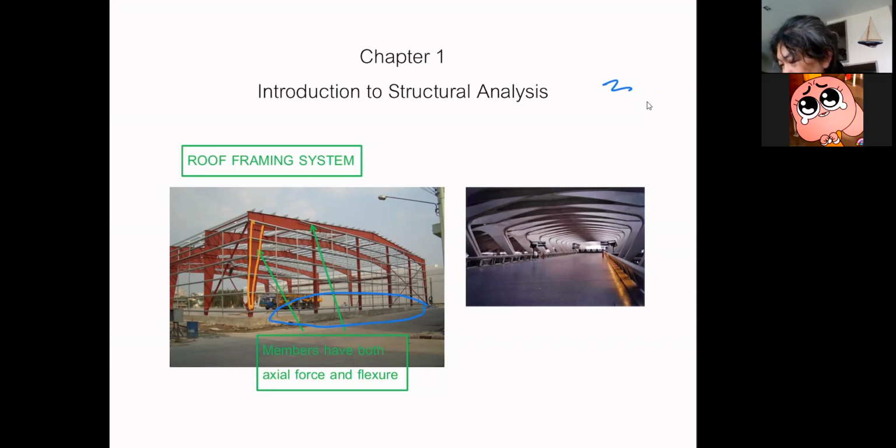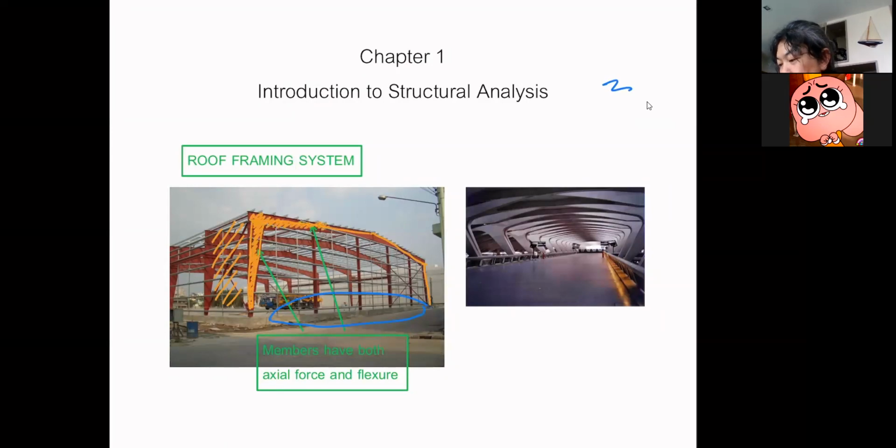So you can see this is part of a long span structure. And because the building usually will be closed down around here, when this area is closed, it can be hit by the wind. So when the wind blows strong, this frame needs to be able to sustain whatever forces the wind produces.